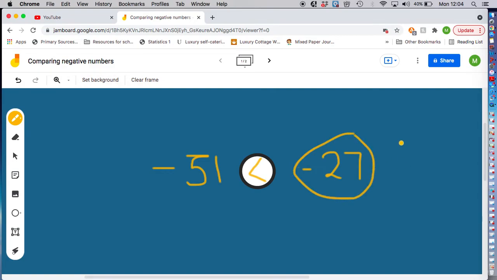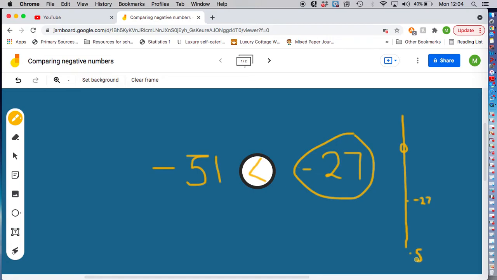You could think of a number line like this, and we could do it this way. I'm just showing you different ways, because one way might work for you. Some people won't need to draw a number line out, that's fine. When we say draw a number line, we don't need to make sure we've accurately measured all of our intervals. It's just a quick sketch. So negative 27 might be about there.